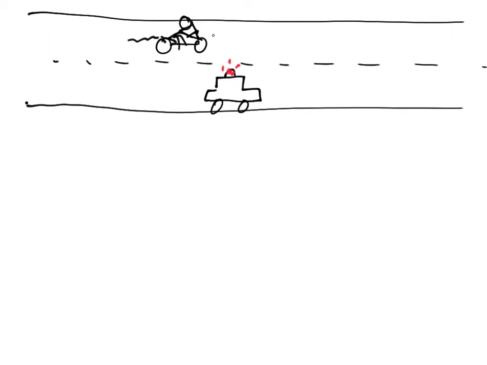And now this motorcycle is traveling with a constant velocity of 200 kilometers per hour. Whoa, that's definitely over the speed limit. Illegal. But the police car is traveling with 100 kilometers per hour.